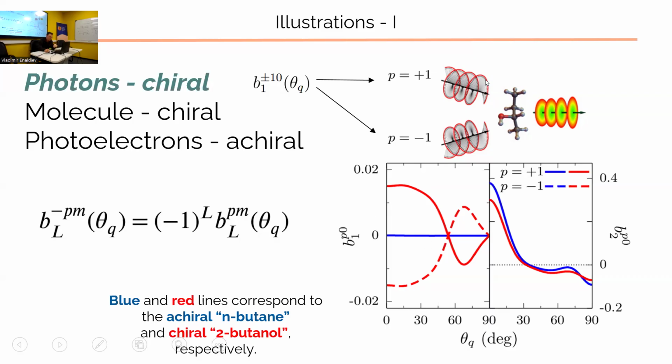For example, in the upper plot we have a solid red line and a dashed red line for the negative polarization. And you can see the difference, which is in fact the chiral asymmetry of the problem, because if you change the polarization of the photon, meaning the chirality of the photon, these coefficients B1, P0 will be changed.